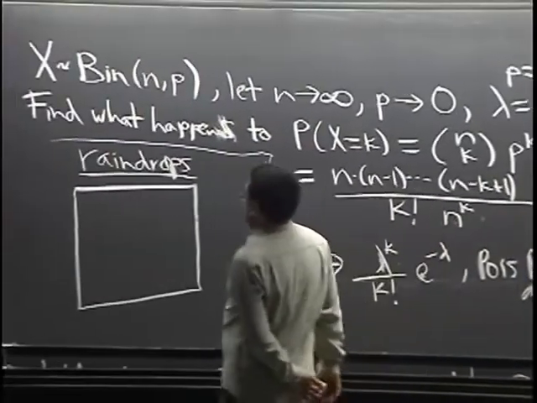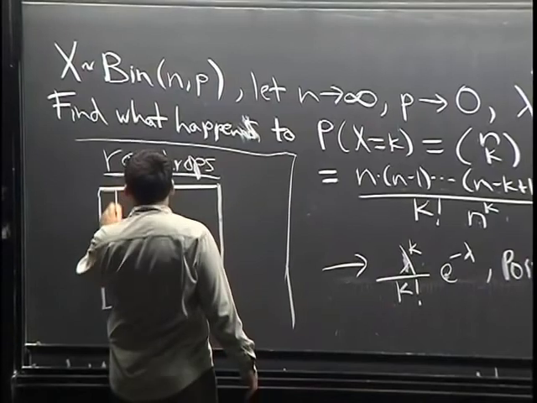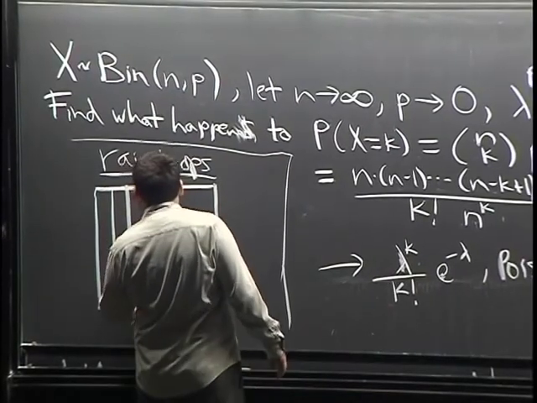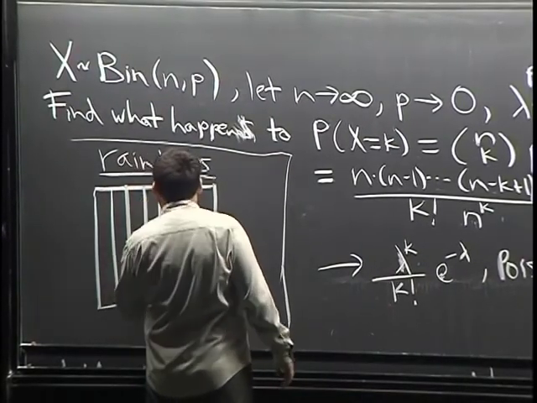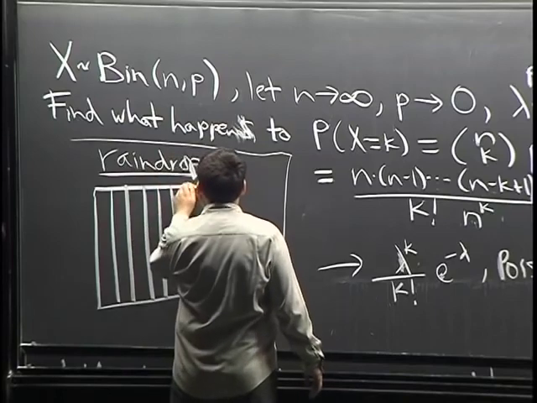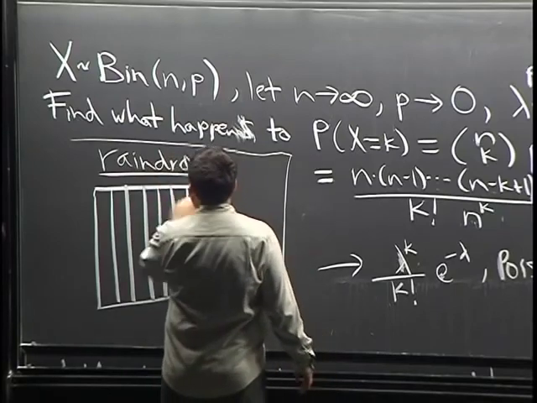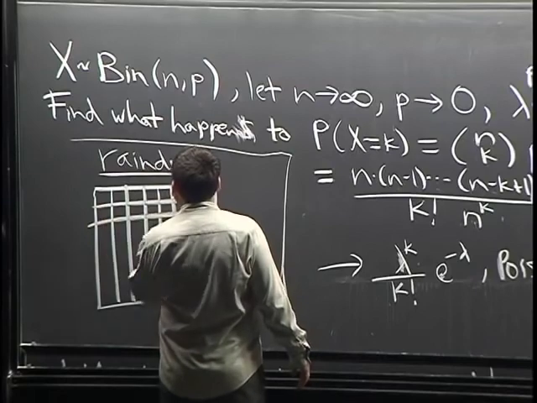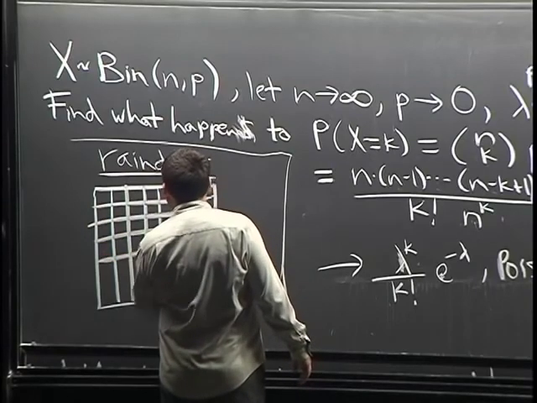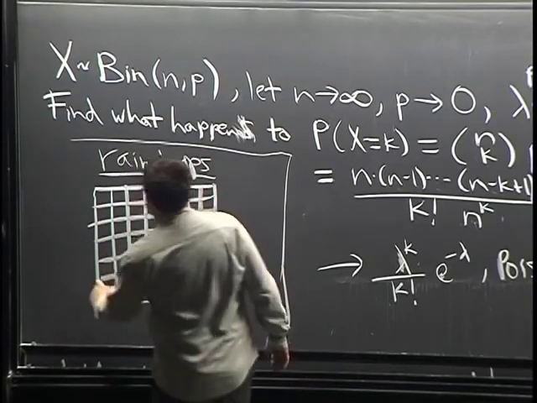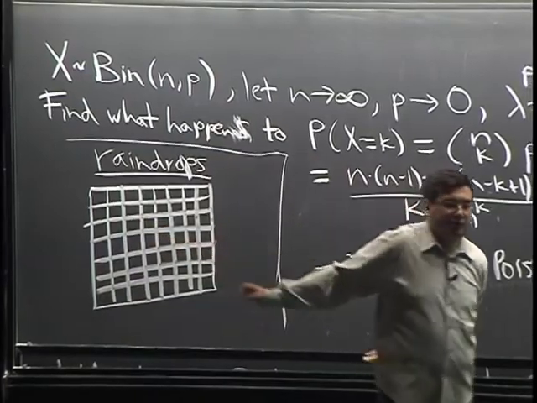Well, one way to think about that problem would be to take this piece of paper and break it up into lots of little squares. Draw as many as you want, but I'm just going to draw a grid, and imagine that we've broken it up into millions and millions of tiny little squares.